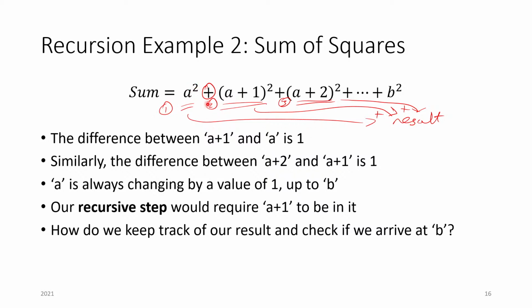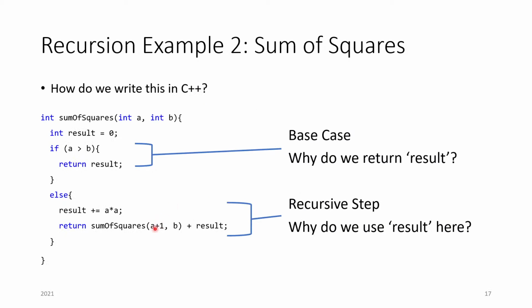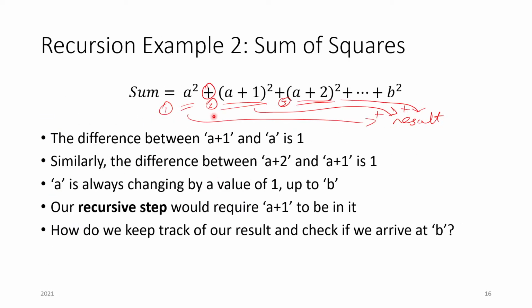When we go to step 2, because we have a plus 1 here, we need to make sure we keep on changing until we hit a value of b. When we go a plus 1 and we square this, remember, we now have to accommodate for the a squared and the a plus 1, because we're now at the second step.